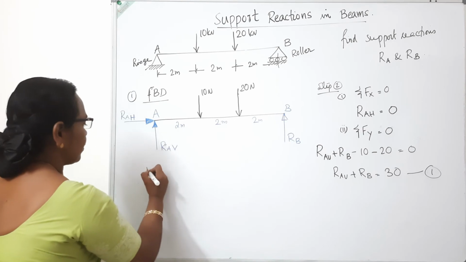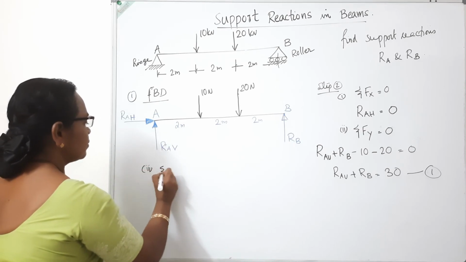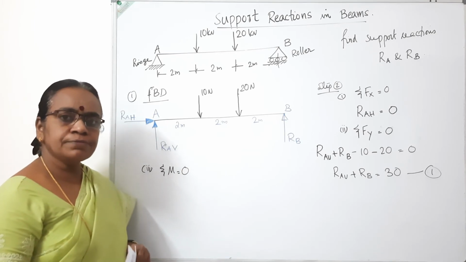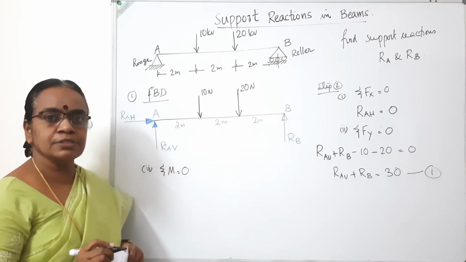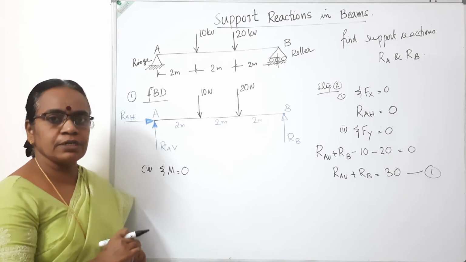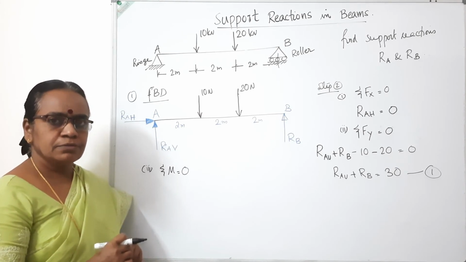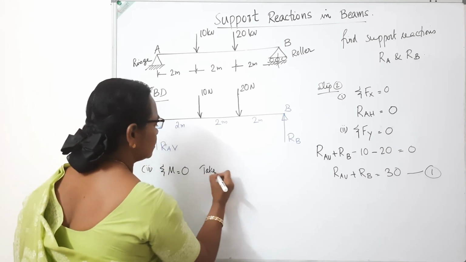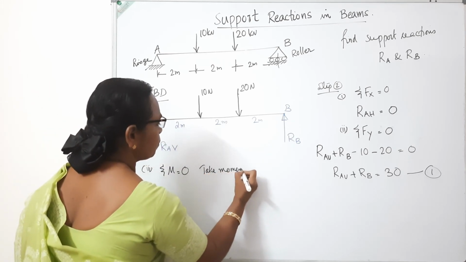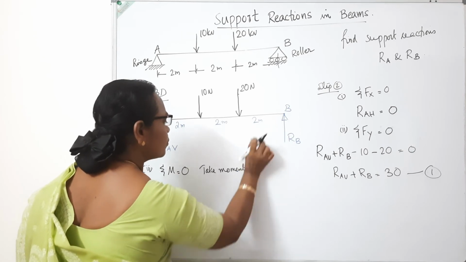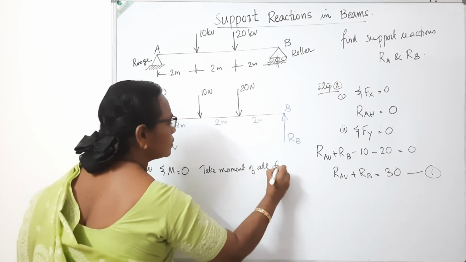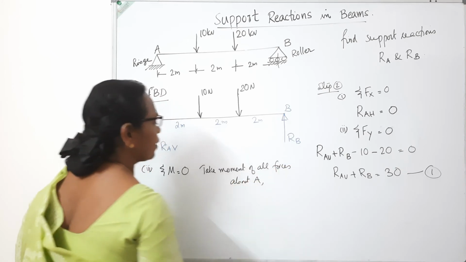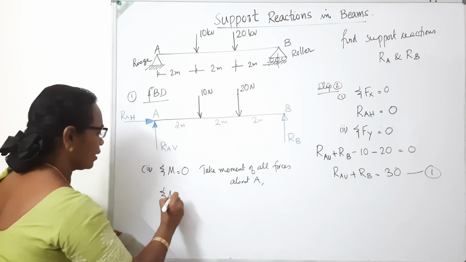Then the third equilibrium equation, sigma M is equal to 0. That is, the sum of moments of all the forces about any one point is equal to 0. Let us take moment of all forces about A. So sigma MA.